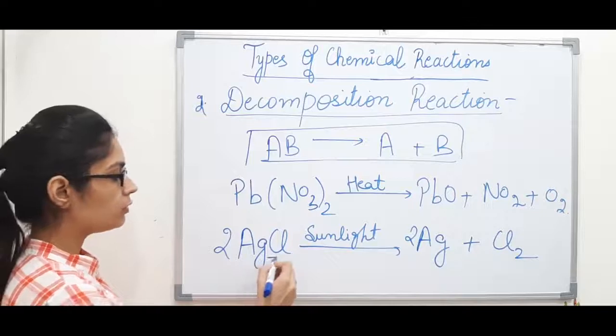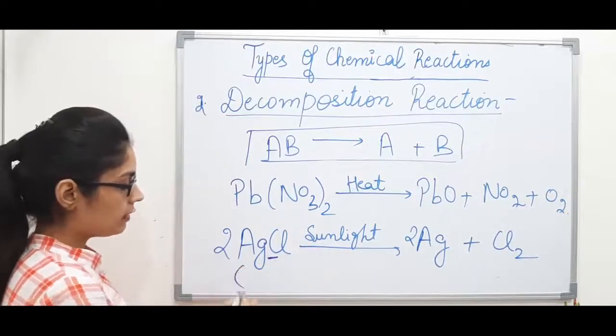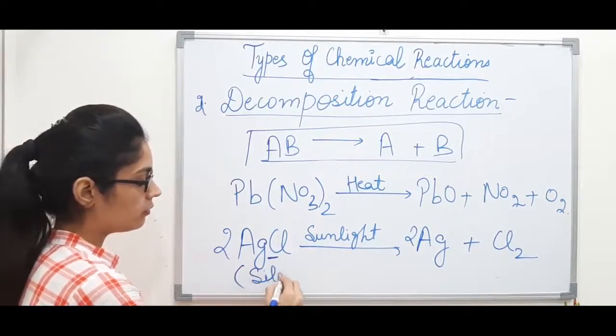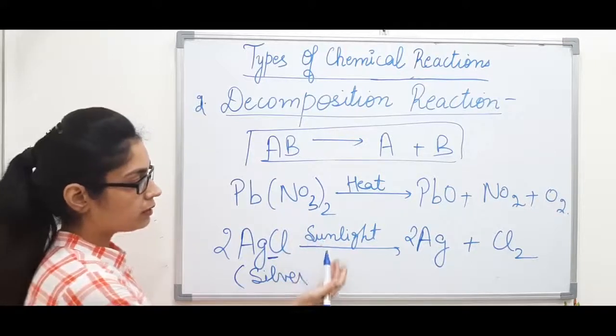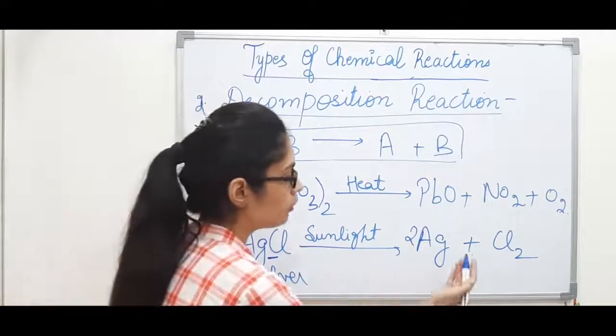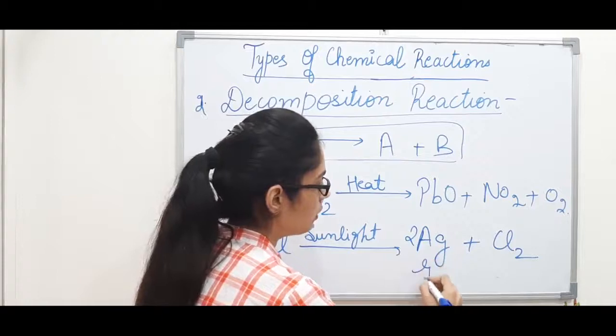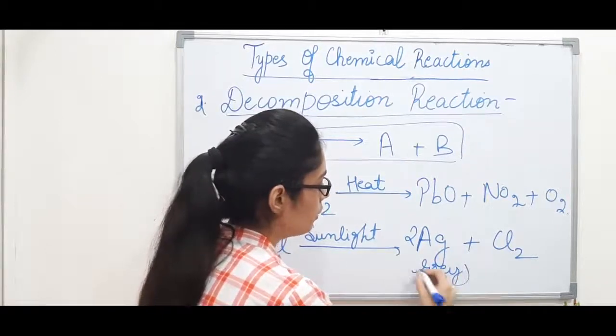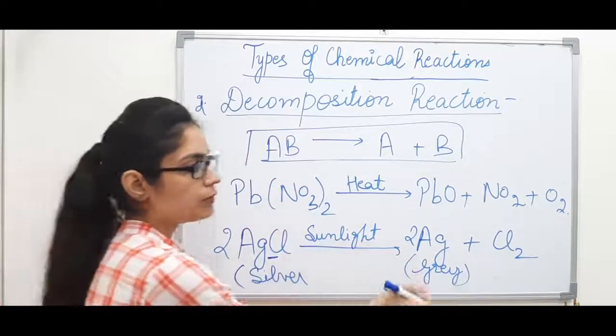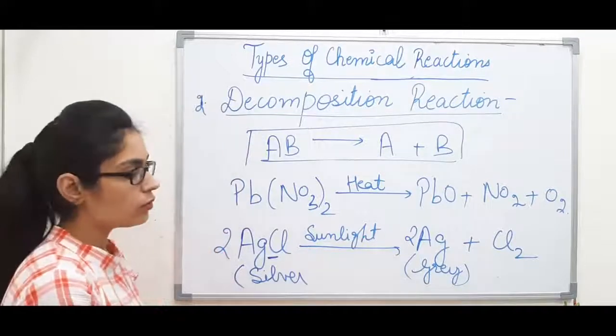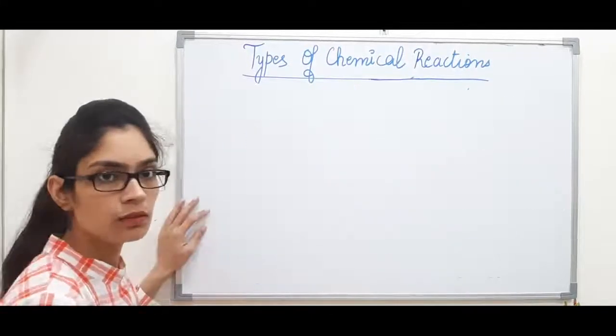It's very simple. Your silver chloride is white in color. When it's kept in sunlight, it will be changed into silver plus chlorine, and the color will be changed into grey. This is your observation.